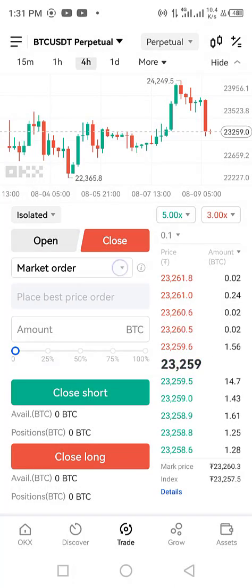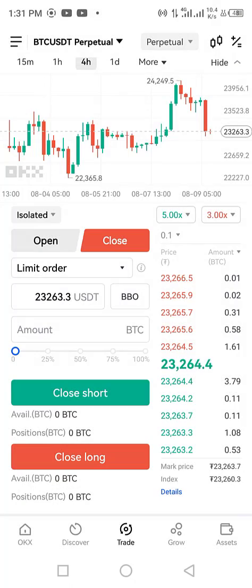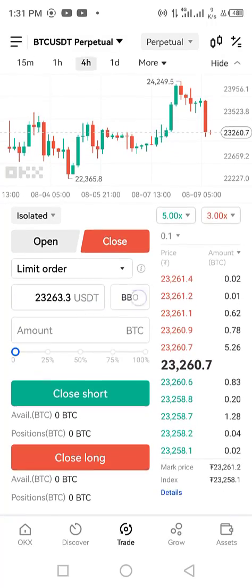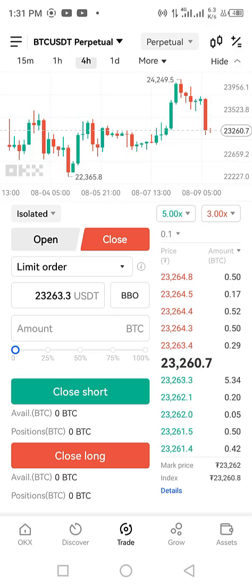Now, I want to explain something. So let me put it on limit order. Under this, if you look by the side of this very price, right here, you see BOB. This BOB means best of bid and best of offer. That means if you don't want to use your market order and you just click on BOB here, it automatically gives you the best bid available or the best offer available in the market at that time.